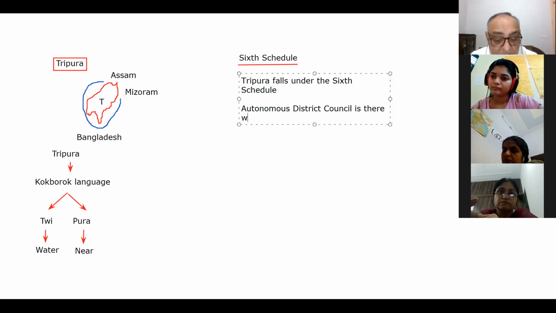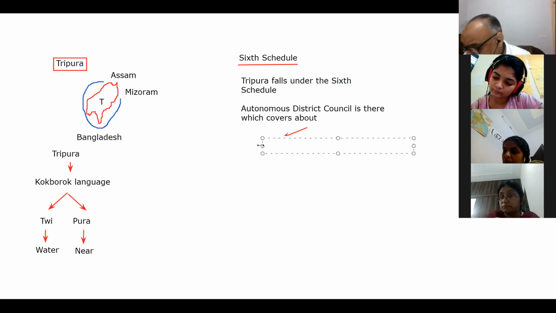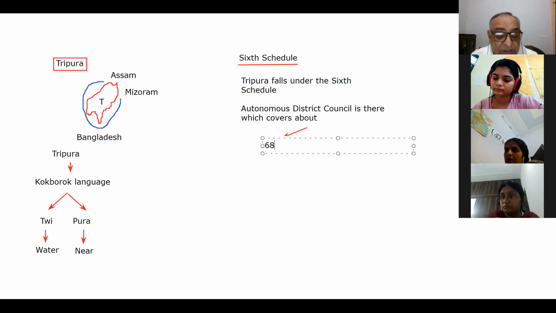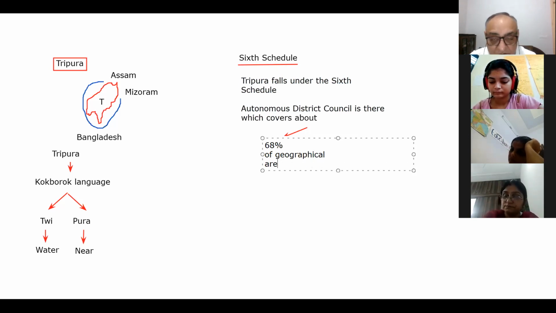It covers more than two-thirds, 68% of the geographical area of the state. So it covers 68% of the geographical area of the state.